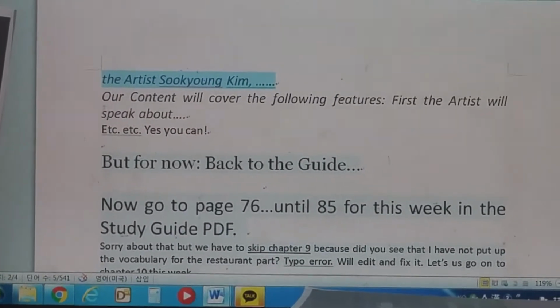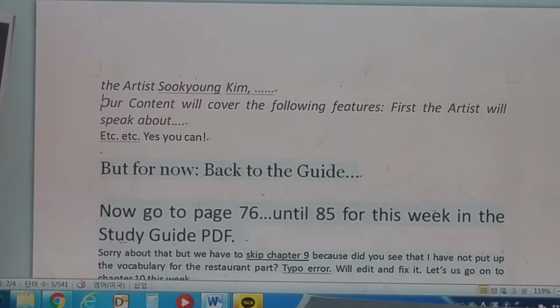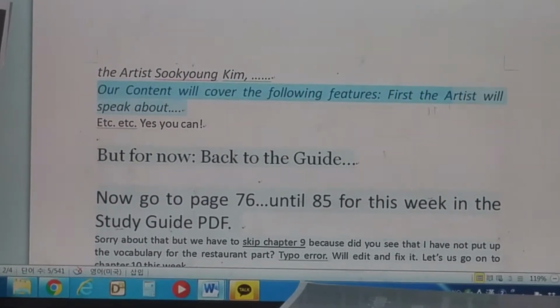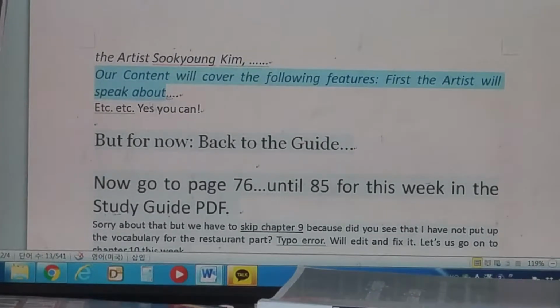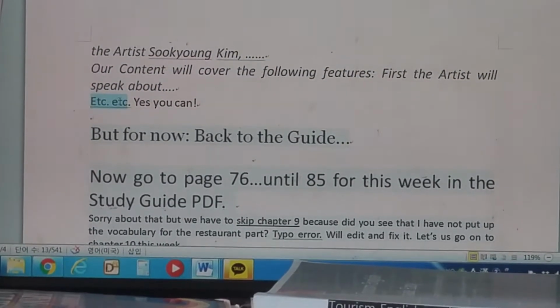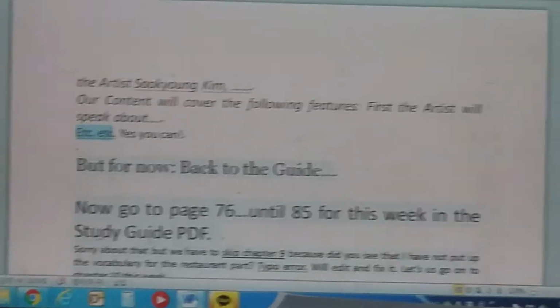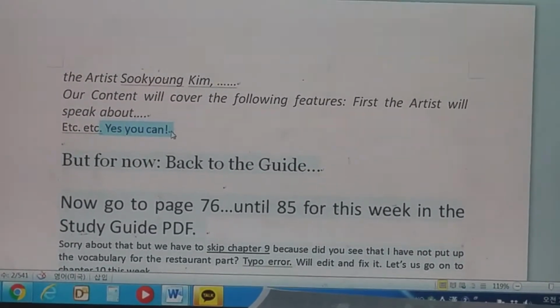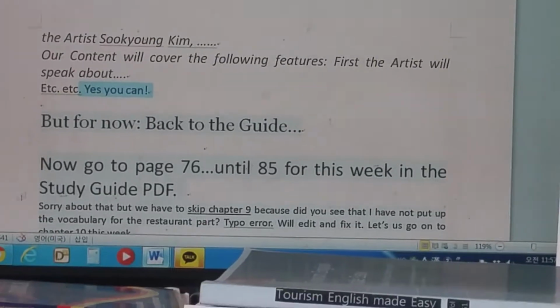Our content will cover the following features. First, the artist will speak about, etc., etc. Oh, teacher, tell us more. Yes, you can. Okay, right.